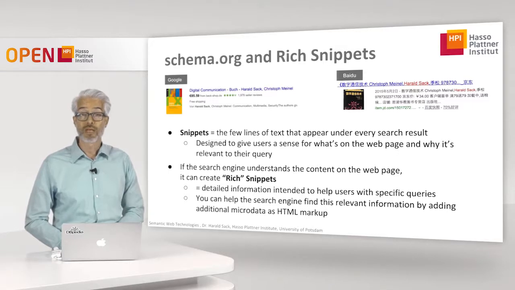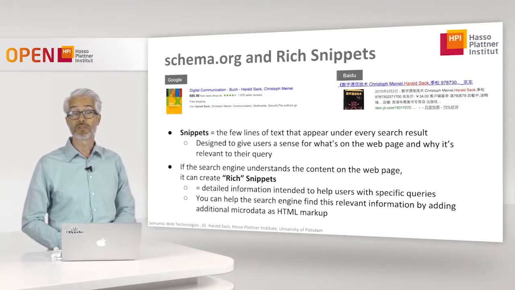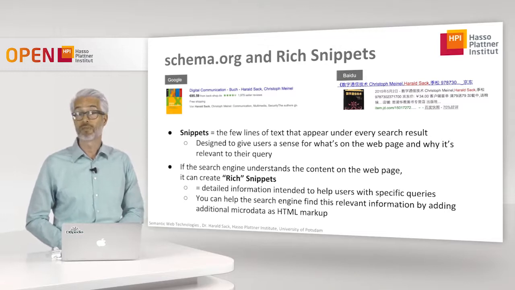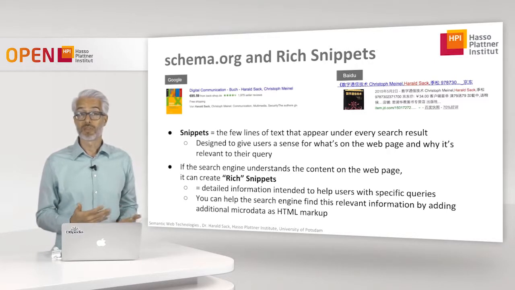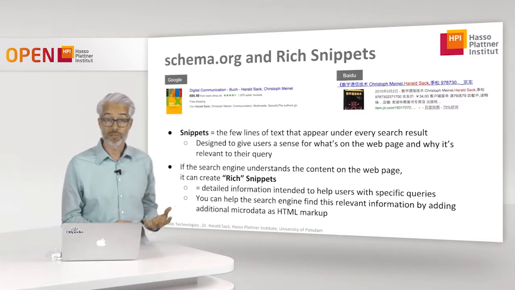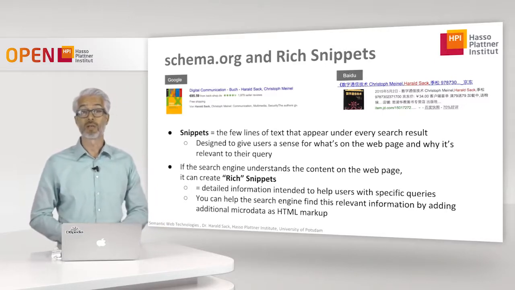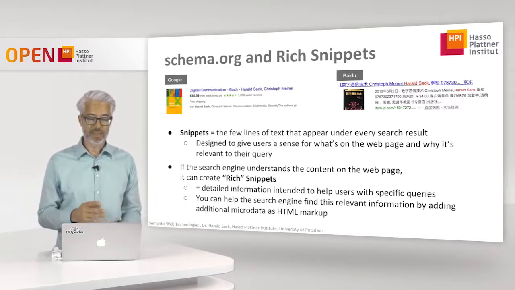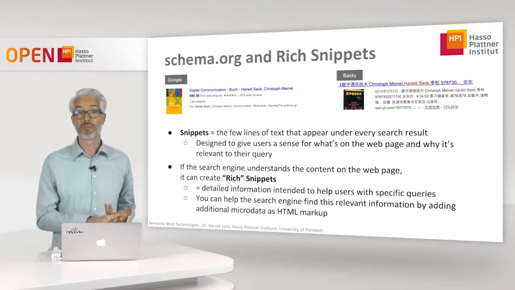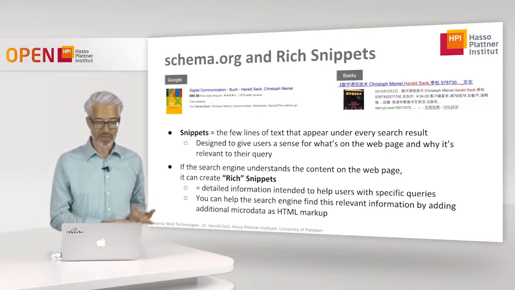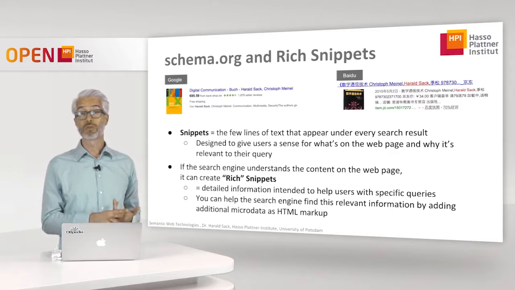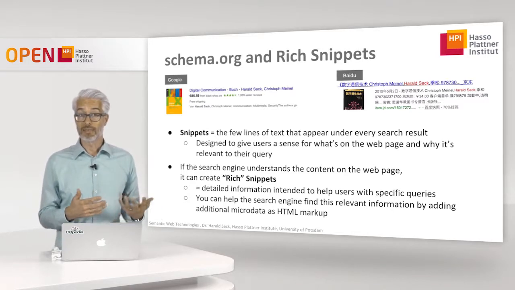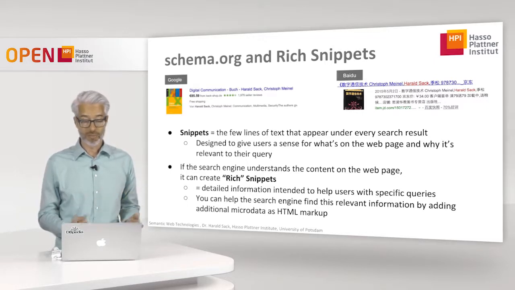With rich snippets, you can give detailed information intended, of course, to help the user with specific tasks or queries. So for example, here with the books, for the description of these books, a specific vocabulary has been used, which is available at the schema.org vocabularies. And there, of course, you can, for example, directly refer to the price, and you can make price comparisons. You can refer to votings which are given here, and you can compare books according to their voting. And again, the availability in a certain specific store can be evaluated.